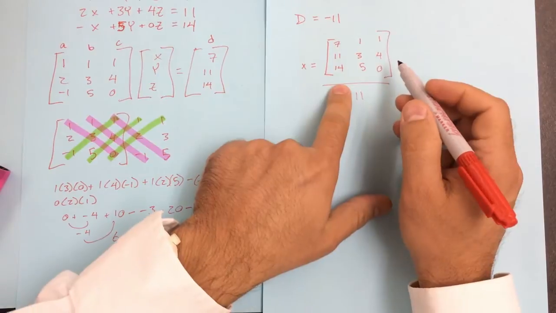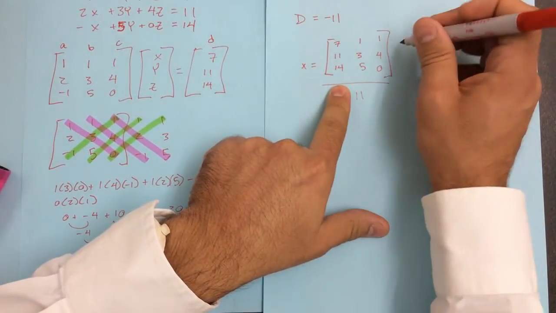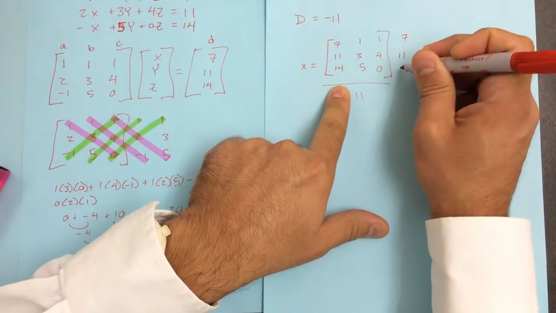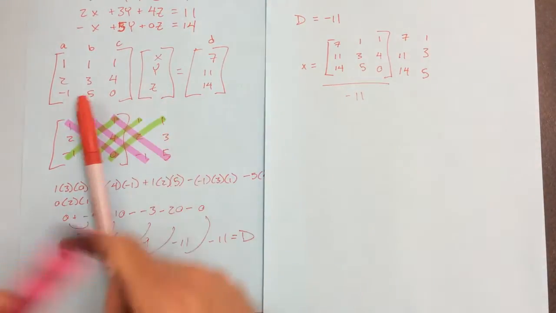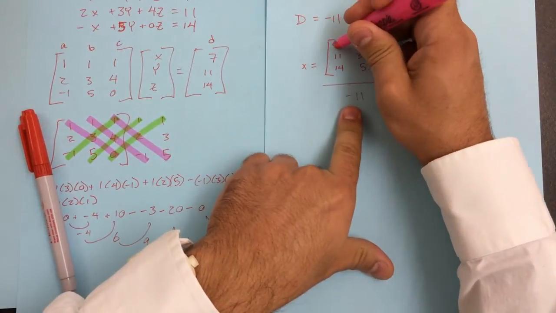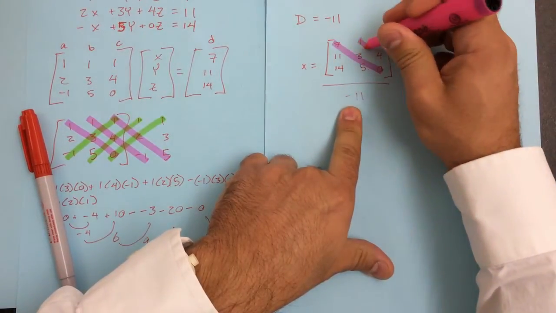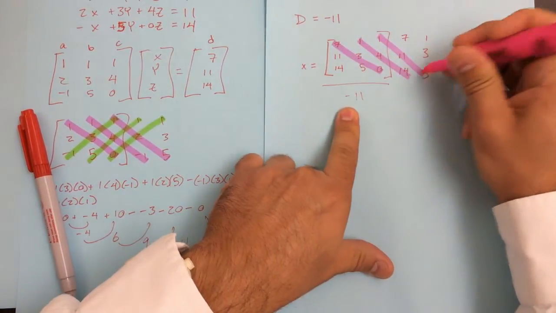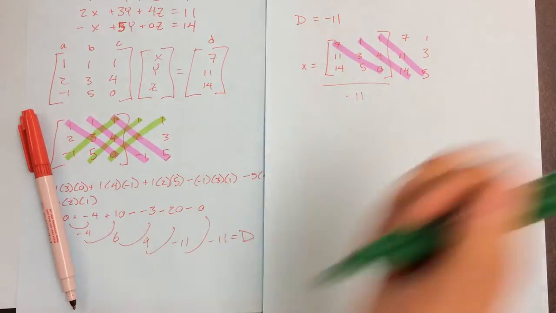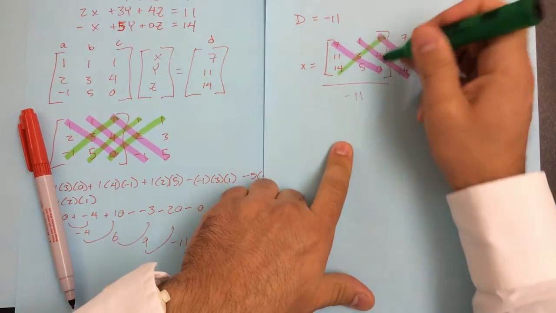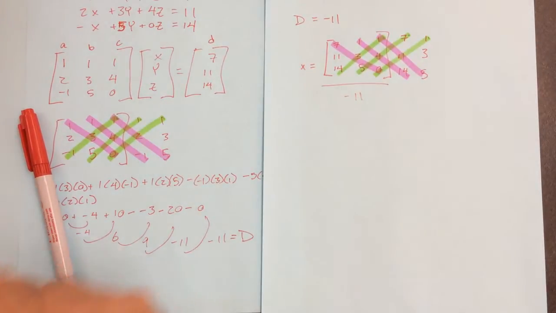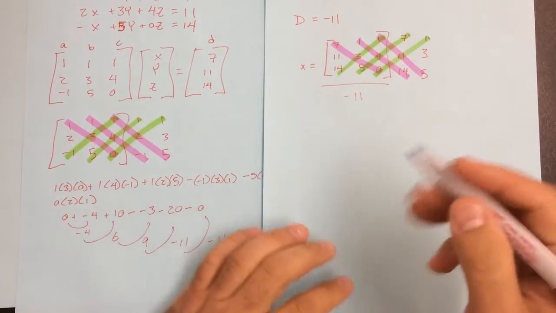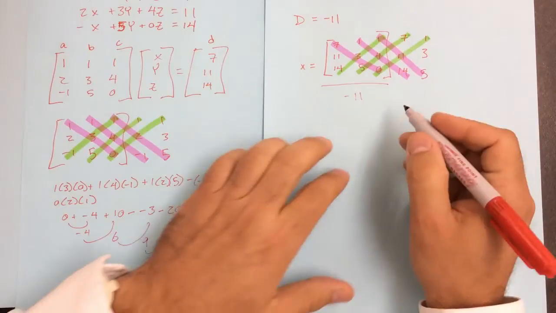Now we have to do the determinant of this. So we're going to rewrite the first two columns, and we're going to go through the same process. The product of these plus the product of these plus the product of these, minus the product of these, minus the product of these, minus the product of these. In order to go quicker, because I know this video is getting long, I'm just going to do it out.